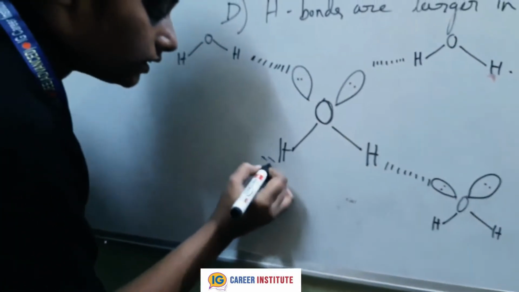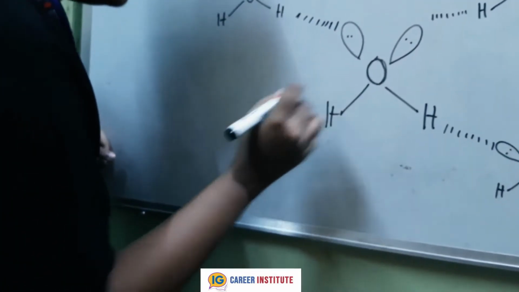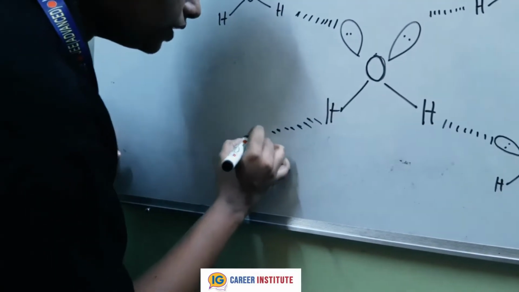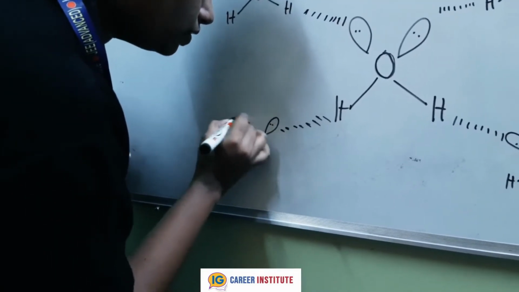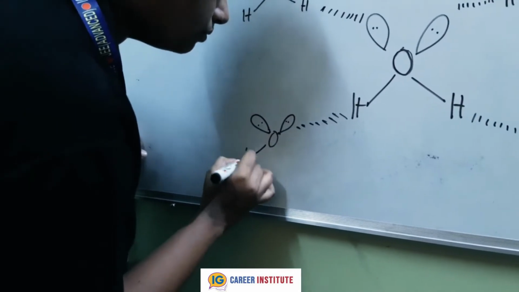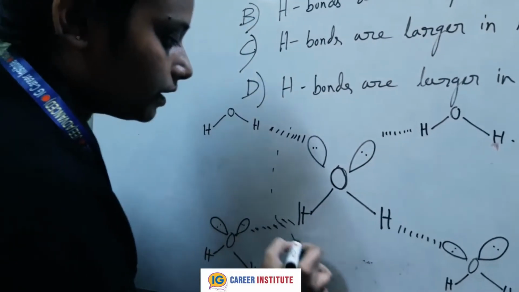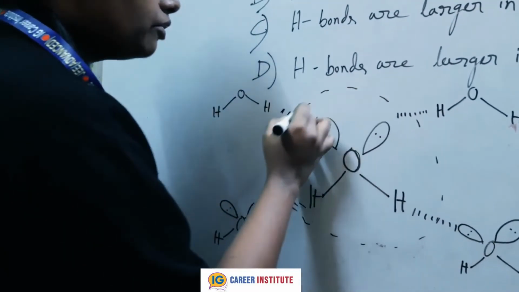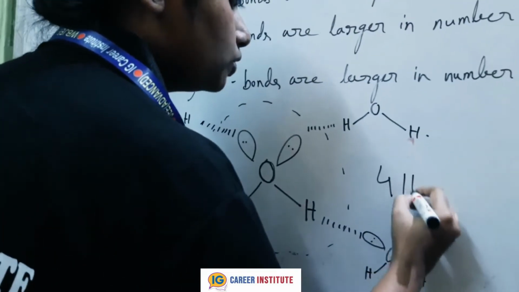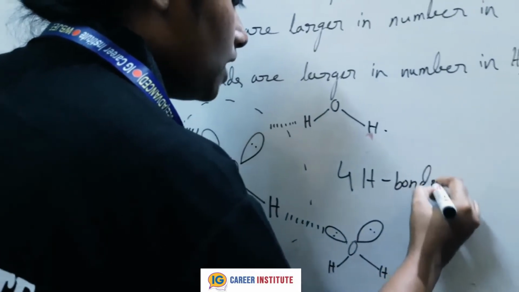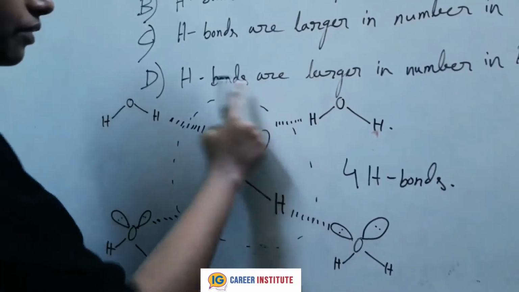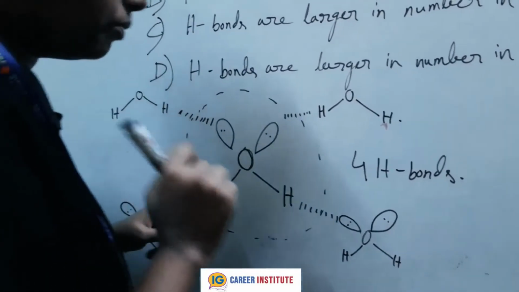And similarly, this hydrogen will also form a hydrogen bond with the lone pair of the oxygen atom of another molecule of water. So overall, one molecule of water is forming 4 hydrogen bonds. 4 hydrogen bonds are found in one water molecule.